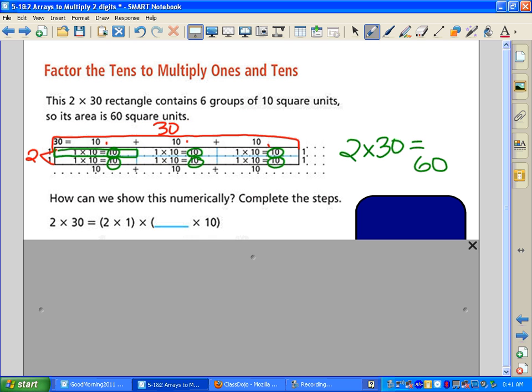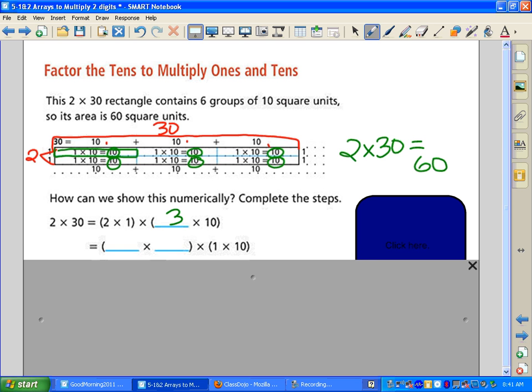Alright. So, another way that we could do this is 2 times 30. So, 2 is 2 times 1. 30 would be what times 10? 3. Okay? So then, because multiplication is commutative, I've got 1 times 10.